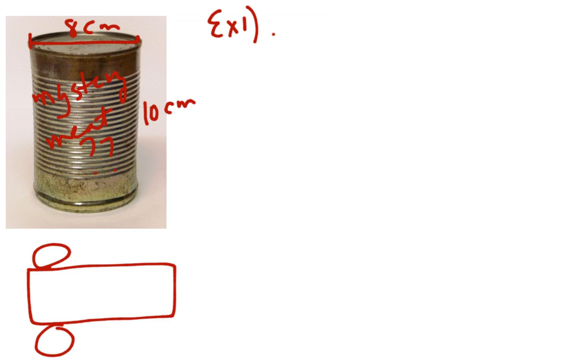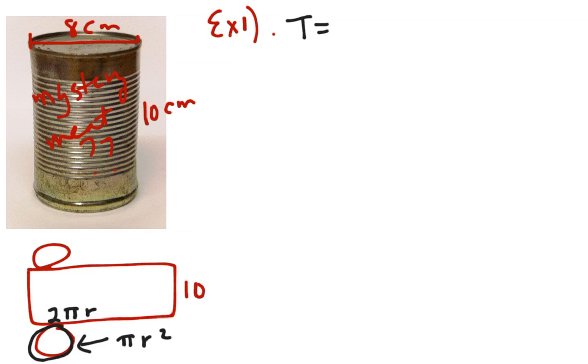I know that my rectangle is 10 centimeters high by the circumference of my circle. The circumference is going to be 2 pi r, and the area of my circle is going to be pi r squared. So I can calculate the area of my top and my bottom.